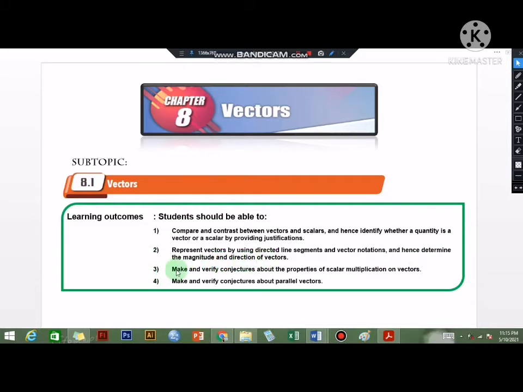Number 3 is make and verify conjectures about the properties of scalar multiplications on vectors. And our last learning objective, number 4, is make and verify conjectures about parallel vectors.